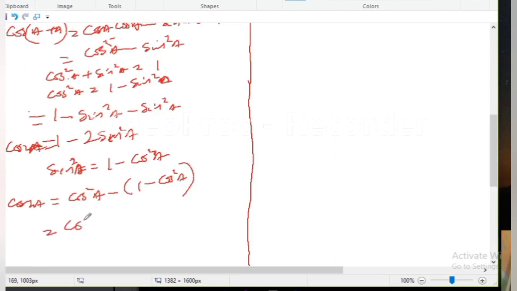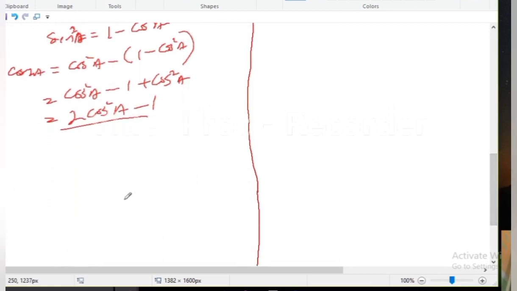So you will have cos square A minus 1 plus cos square A. So what you have here is 2 cos square A minus 1. So that is it. You have it like that. If you want to do sine, you do it like that also. So well, let's look at this one. Like sine, if I look at it like that, let's look at a triple angle.